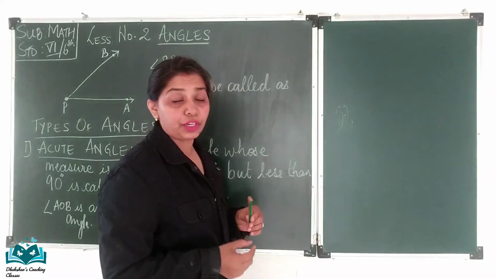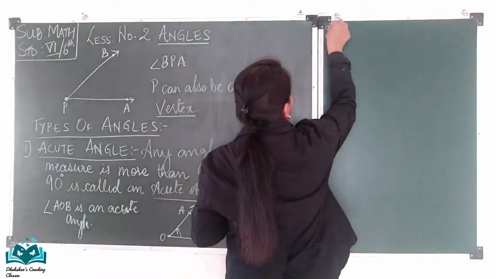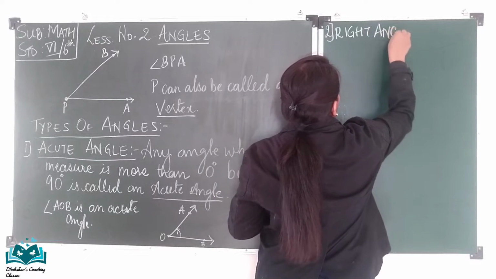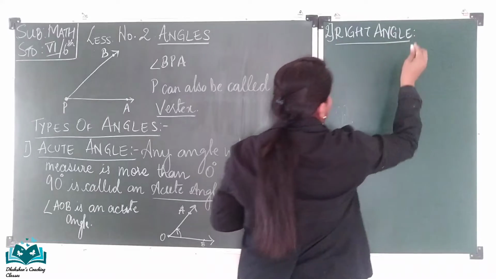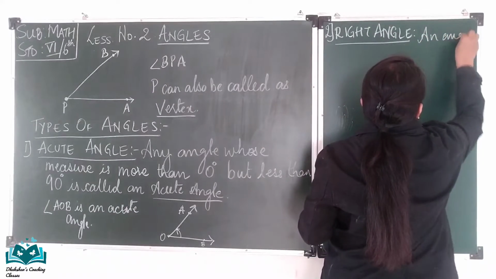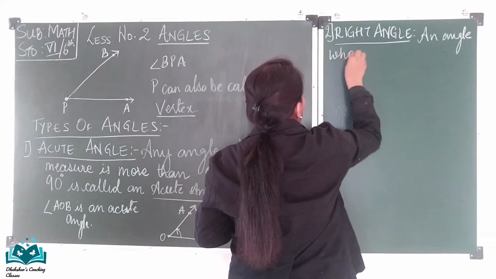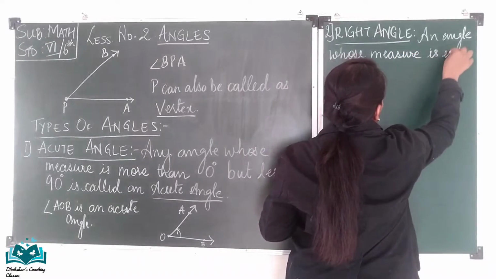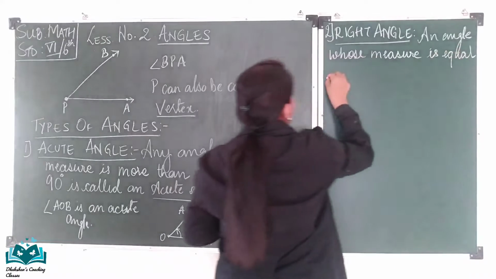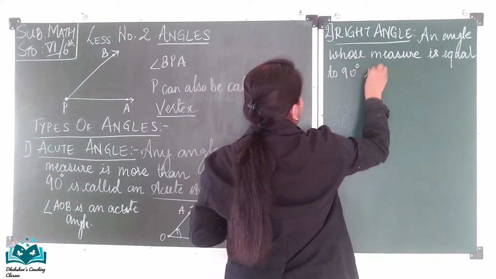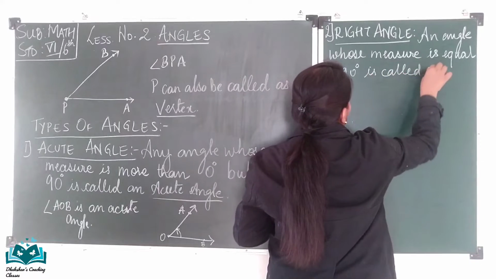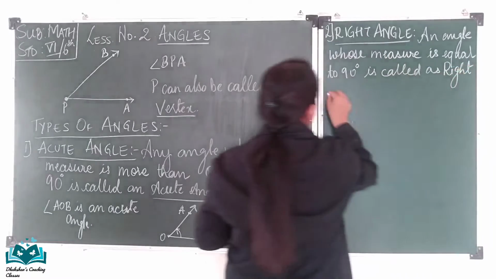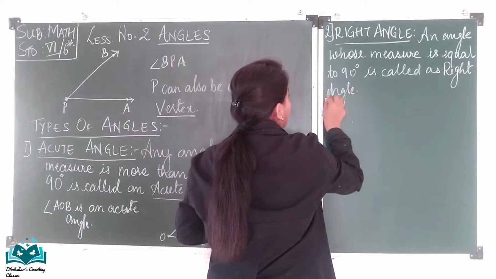Let us quickly write down the definition for right angle. The second type of angle, right angle, an angle whose measure is equal to 90 degree is called a right angle.